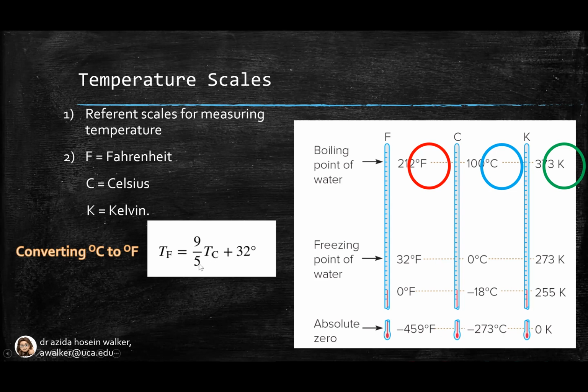So here we have TF = 9/5 of TC plus 32 degrees. So if we have the temperature in degrees Celsius, we multiply that by 9/5, and we take that number and then add 32 to it, we will get the temperature in degrees Fahrenheit.